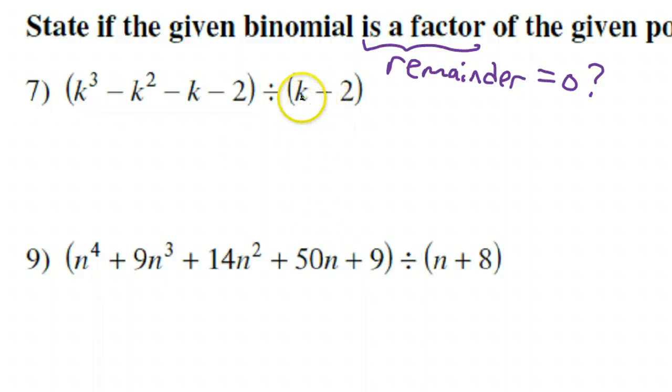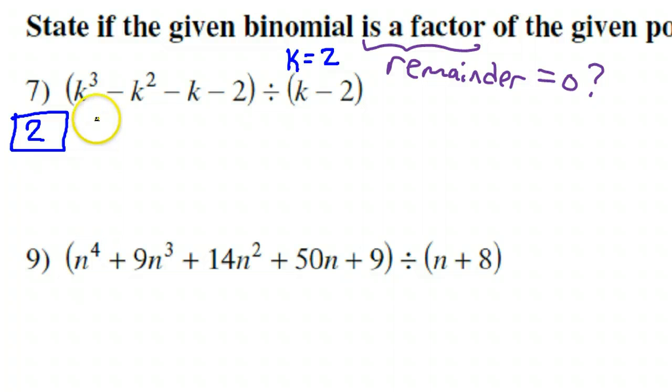Again, if we have k minus 2 as the factor, then the potential 0 is k equals 2. We're setting this equal to 0 and solving in our heads. So understand that it is 2 that will go in the box, not negative 2. Alright, 3, 2, 1, 0.